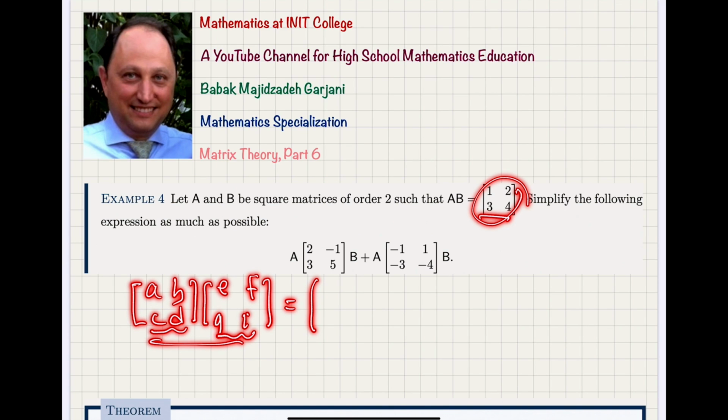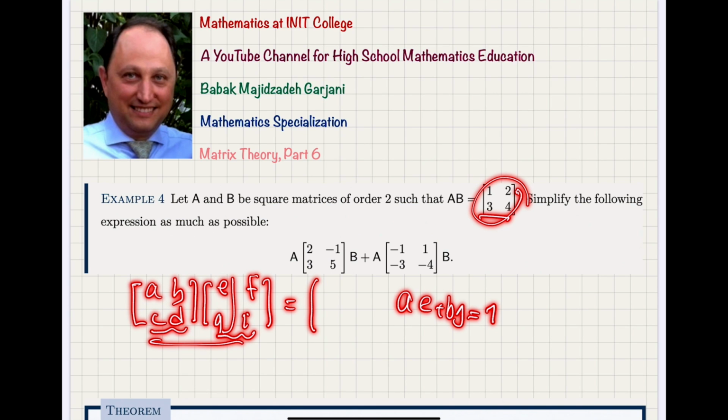I haven't thought about this, but even if it is possible to find, it is clear that it is not possible to exactly find those numbers unless this is a very particular situation, which I don't think so. For example, for the first one you get ae plus bg, which should be equal to 1, and this system is also not a very simple system to solve.